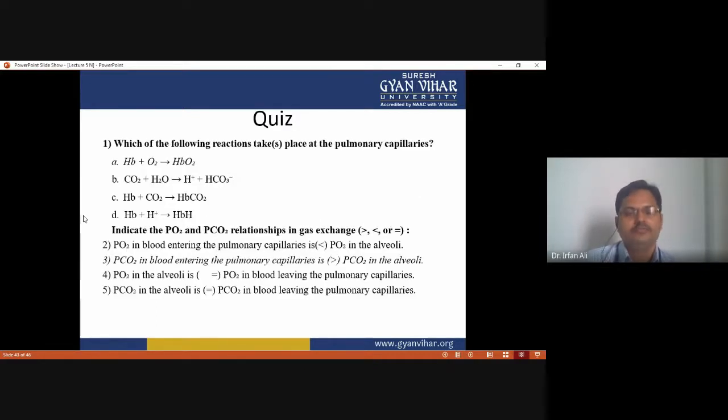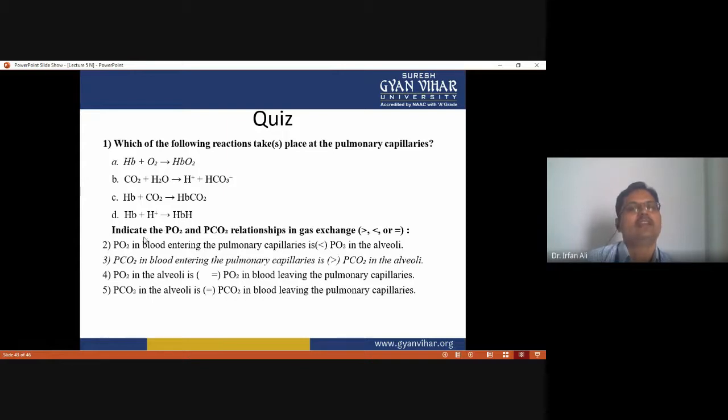Okay, so now you have to attempt a quiz. Which of the following reactions takes place at the pulmonary capillaries? As we have discussed, at the pulmonary capillaries, Hb plus O2 forms HbO2. Okay, it clearly indicates that hemoglobin carries oxygen and combines with the oxygen to form oxyhemoglobin.